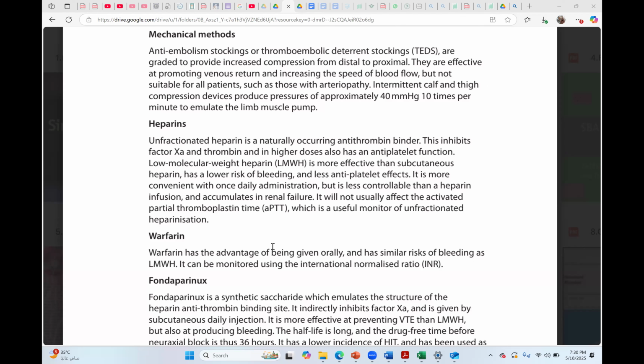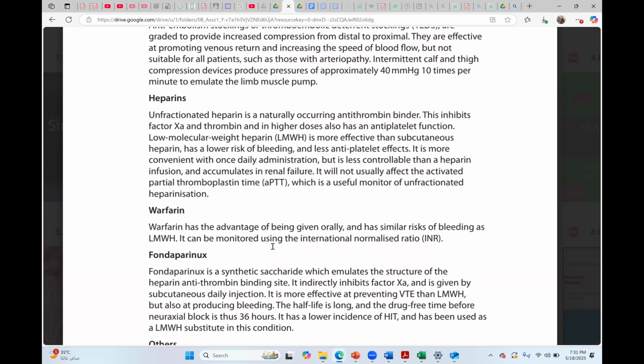They will give the names, and I never remember names like fondaparinux, danaparoid and lepirudin, which are so complicated. But this topic is very important, and when you prepare it, prepare from all aspects, because if you understand, that will help you. So thromboelastography or TEG will also be monitoring.